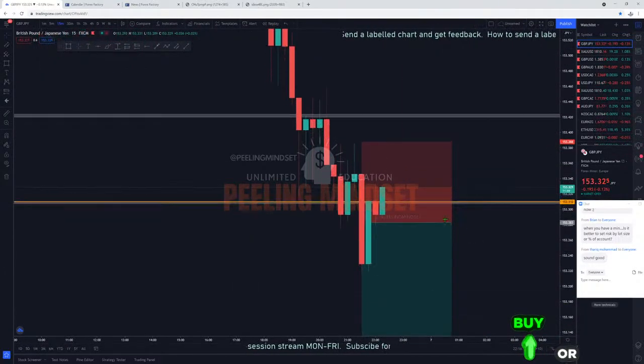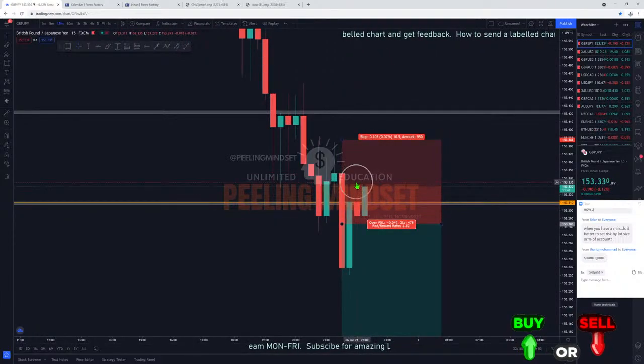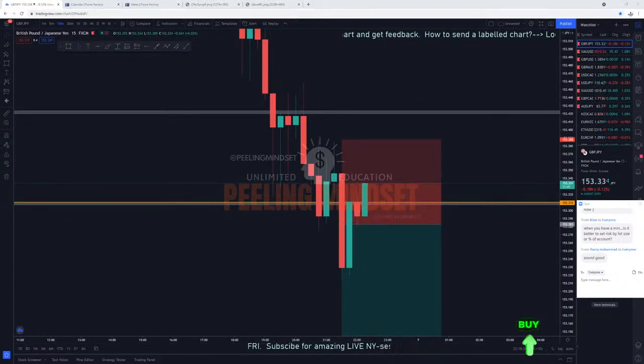Yep, if this 15-minute candle breaks the previous 15-minute candle's high, I'm going to close the whole position right there, and I might take a trade around NYSE if the structures look nice. But until then, I'm kind of doubtful about this now. Kind of doubtful. Let's see.